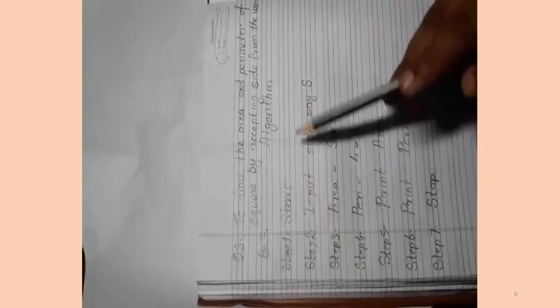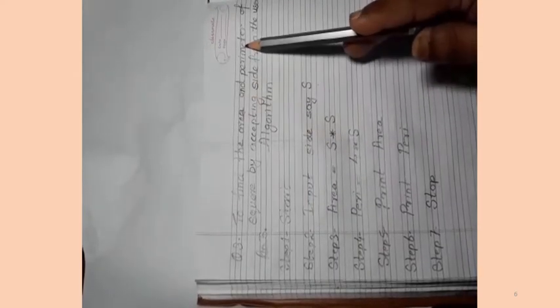Question number 3, to find the area and perimeter of a square by accepting side from the user. So the algorithm goes like this. Step 1, start. Step 2, first think of the input variable, that is here, accept the side. So I have written input side, say S. Then we have to find the processing logic, that is area and perimeter we have to find.